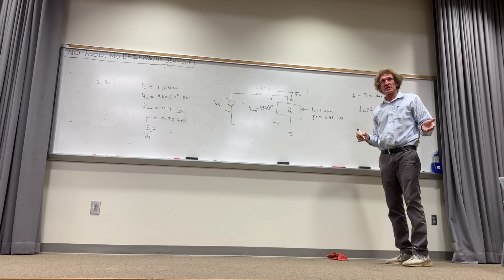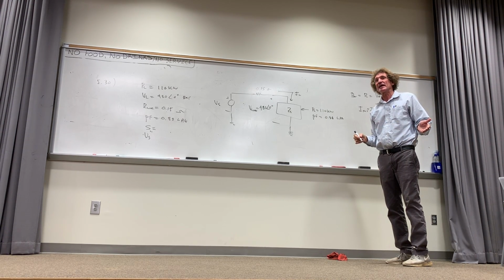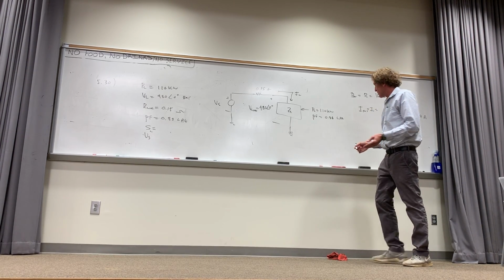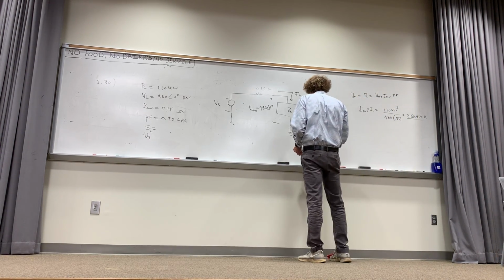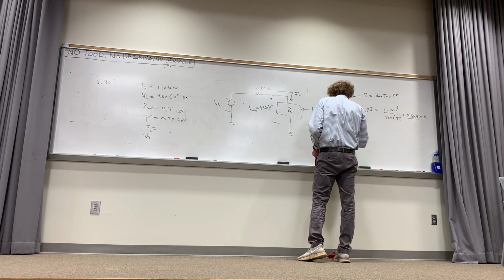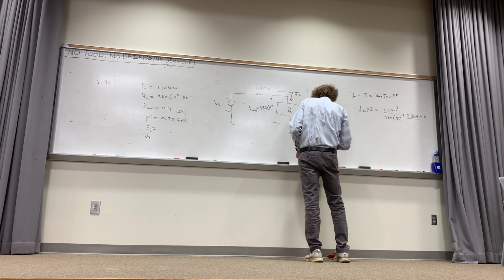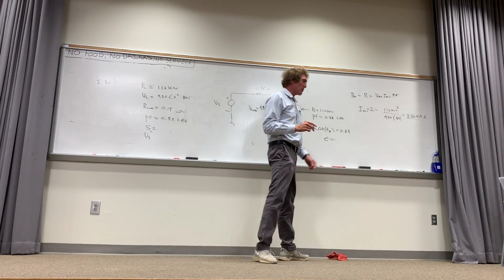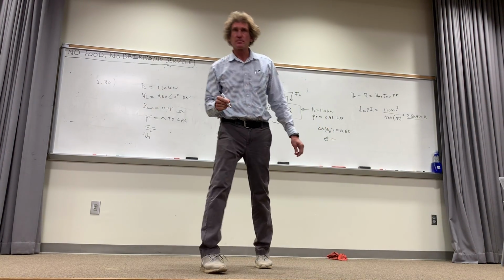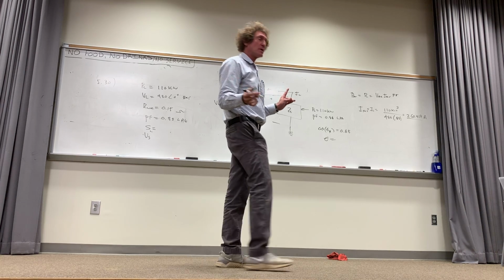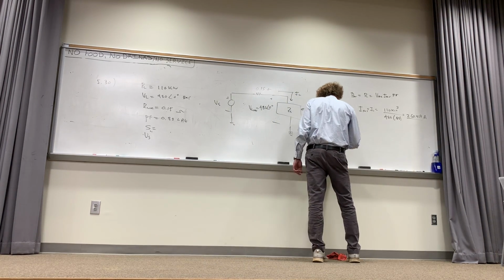Next thing I'm going to do is get the angle associated with that. Lagging means the angle is negative. Got it, everyone? To get the angle, the cosine of the angle of the power factor is equal to 0.88, and therefore the angle is the inverse cosine of 0.88. What is it? 28.35 degrees.